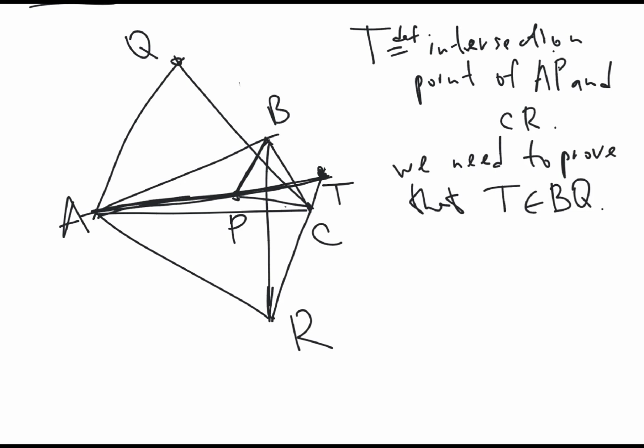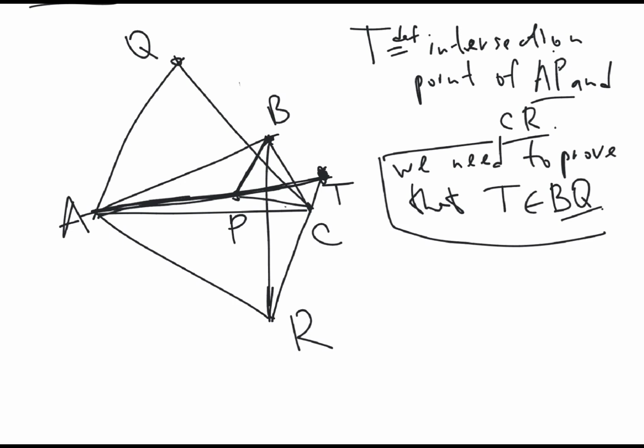If we prove that, then it would immediately imply that the three lines AP, CR, and BQ all three intersect at a single point, which is the point T. But we don't know that yet, so we need to prove it. That's the main goal now of the proof. We need to prove that T belongs to BQ.